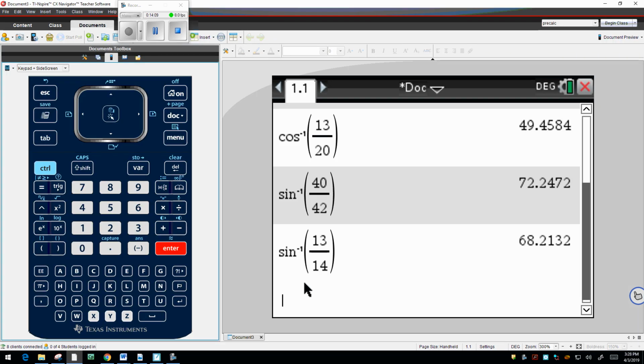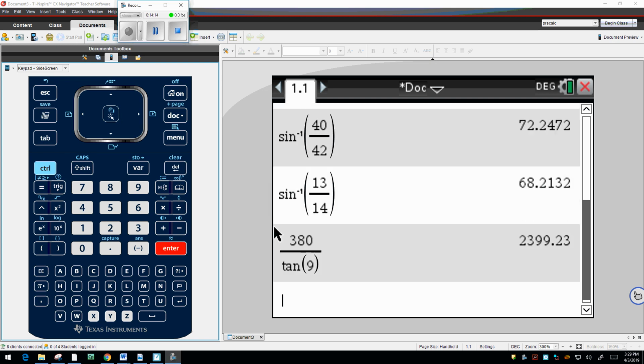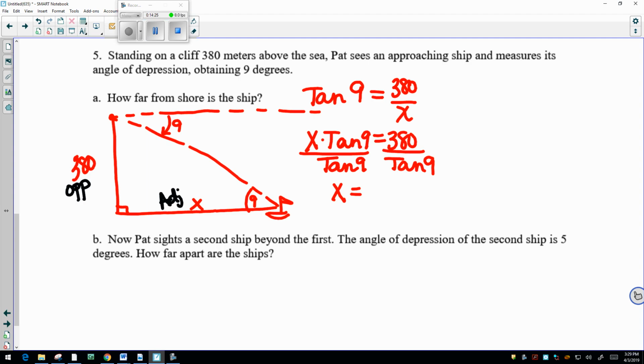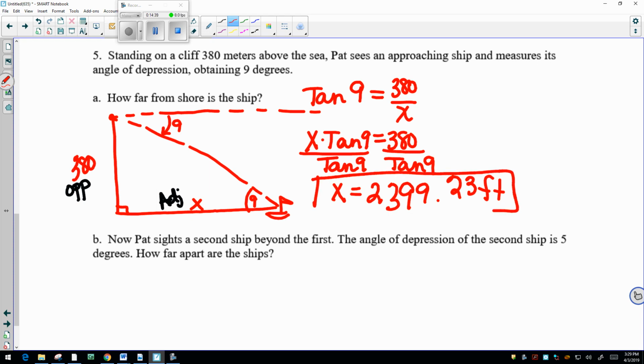So we need a fraction template, and we get 380 divided by the tangent of 9, and we can see it's around 2399.23 feet. Okay, so we're going to say about 2399.23 feet.